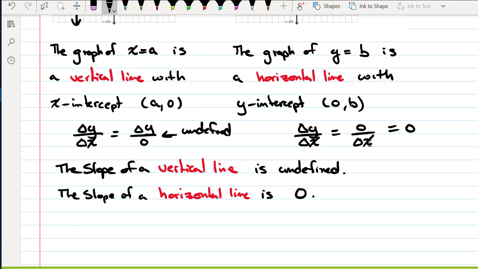So for those, we don't need to do computations. We should just know that the slope of a vertical line is undefined and the slope of a horizontal line is 0.